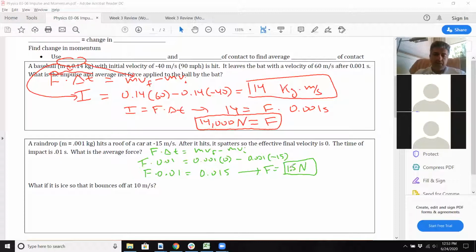And is it kg, 1.5 kg? No, because we're solving for force. Oh, okay. Yeah, so if we actually look at the units, time is in seconds, and mv, remember, mv is going to be kilograms times meters per second, and then you're dividing by seconds. So it comes out to mass times acceleration, which is a Newton.